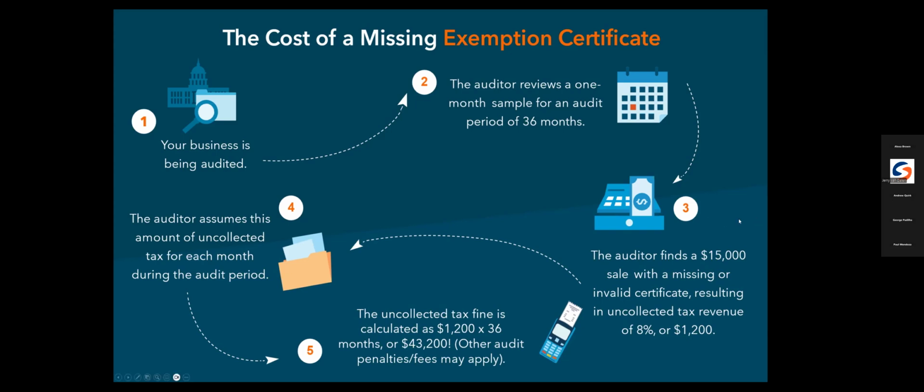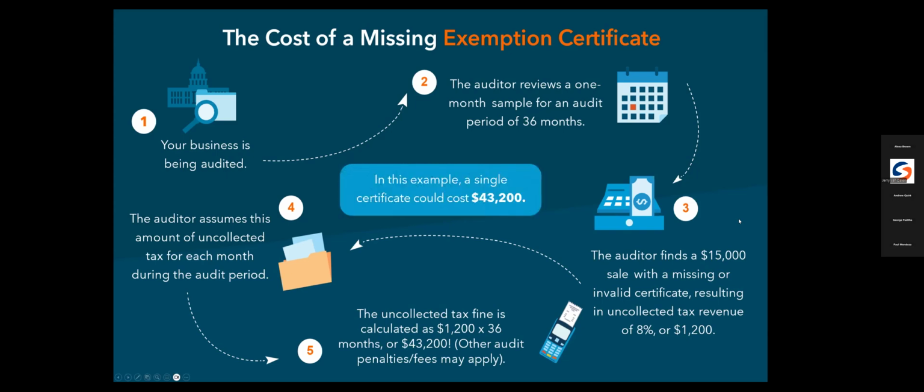That's why the penalties and interest and the back due tax can really multiply, because it's based on a sample that they take and then apply towards the entire time frame of that audit. So, to conclude there, we've seen missing a certificate can cost tens of thousands of dollars by not having it.